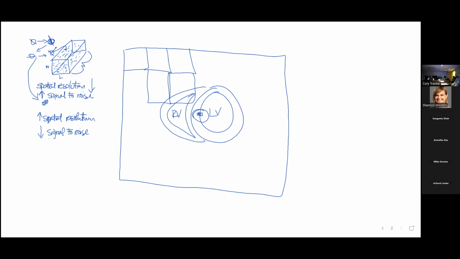Does anybody know? There are two things that we can adjust. So the first thing is the dimension of this entire picture. Okay, that dimension and this dimension. Does anybody know what that dimension is called?